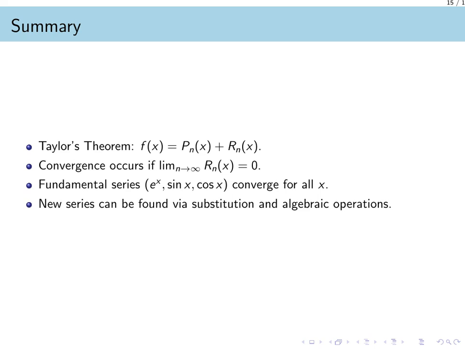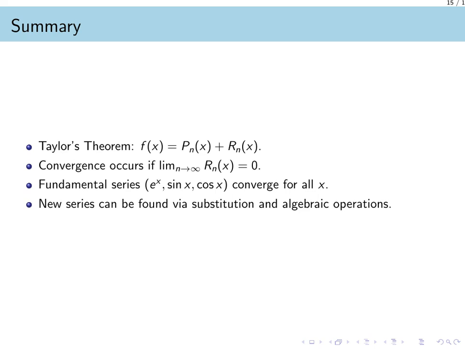The crucial question is when the infinite series is a perfect representation of the function. This happens precisely when the error term disappears as we add infinitely many terms. For the Taylor series to converge to f of x, the limit of the remainder, R sub n of x, must be 0 as n approaches infinity.